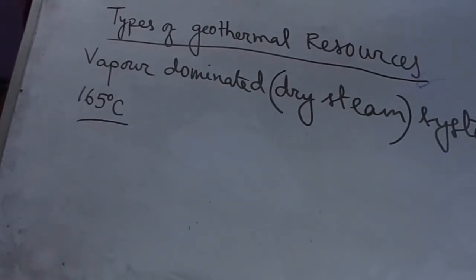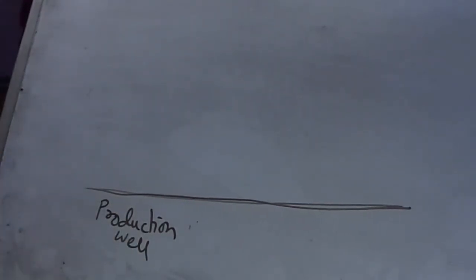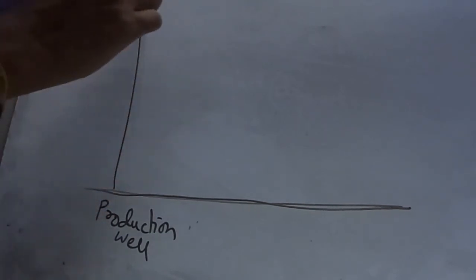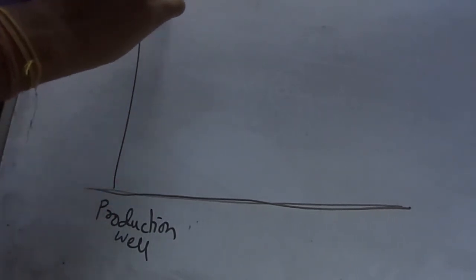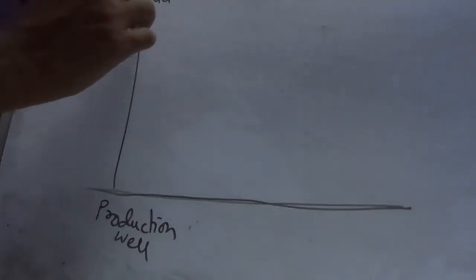If you draw the dry steam hydrothermal system, there is a production well, and this one is the solid matter, with an arrow like that.